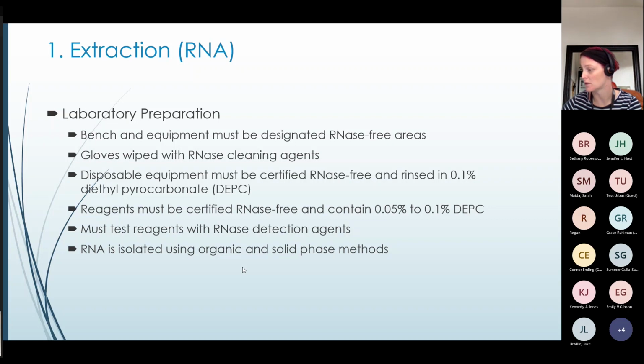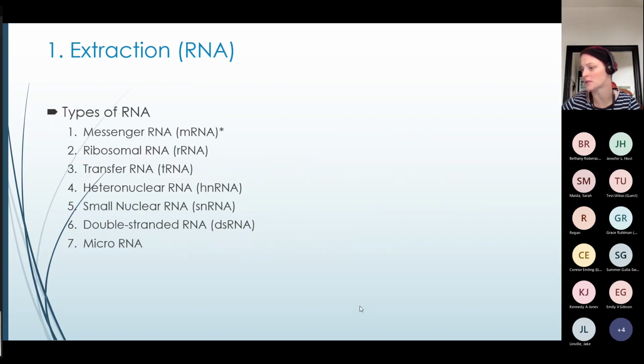Reagents must also be certified to be RNase free, and they have to contain a very, very small amount of DEPC. You have to test the reagents with RNase detection agents, and then you use organic and solid phase methods.